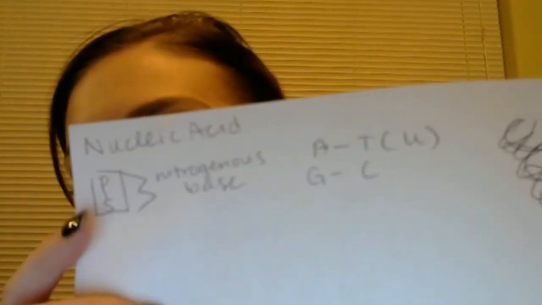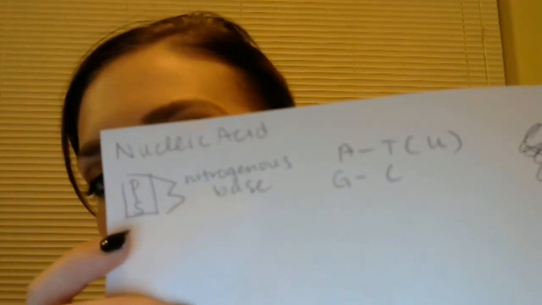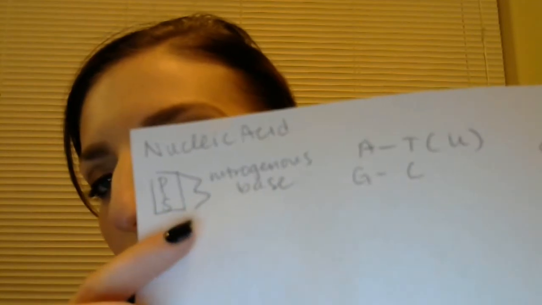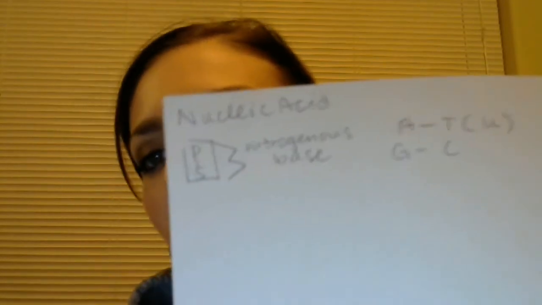Okay, so now we're going to go back to nucleic acids. Nucleic acids, like I mentioned, have nucleotides. That's their monomer. This is what they would look like, the monomers, that is. So we have phosphate bound to sugar on a backbone here, and then a nitrogenous base extending off the side.